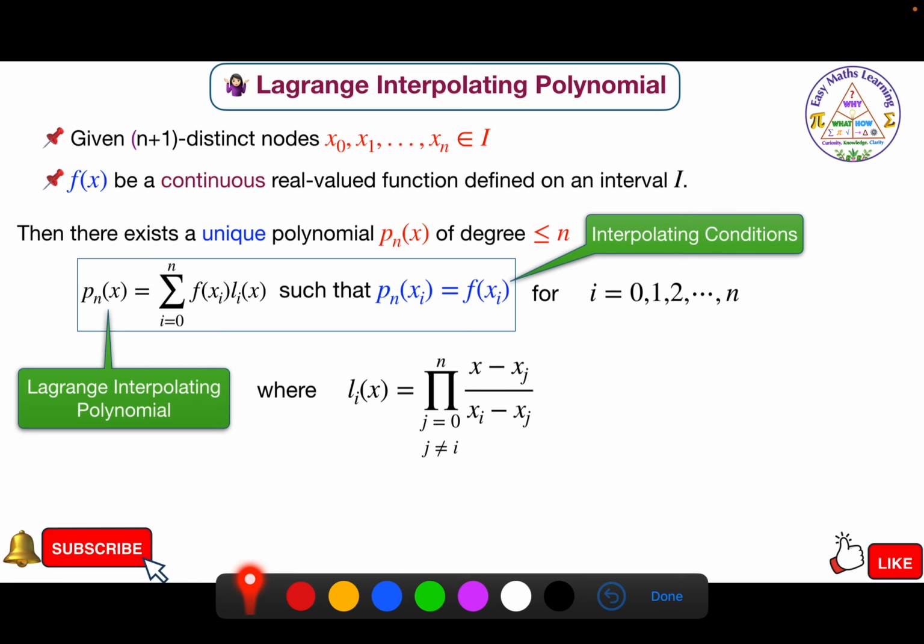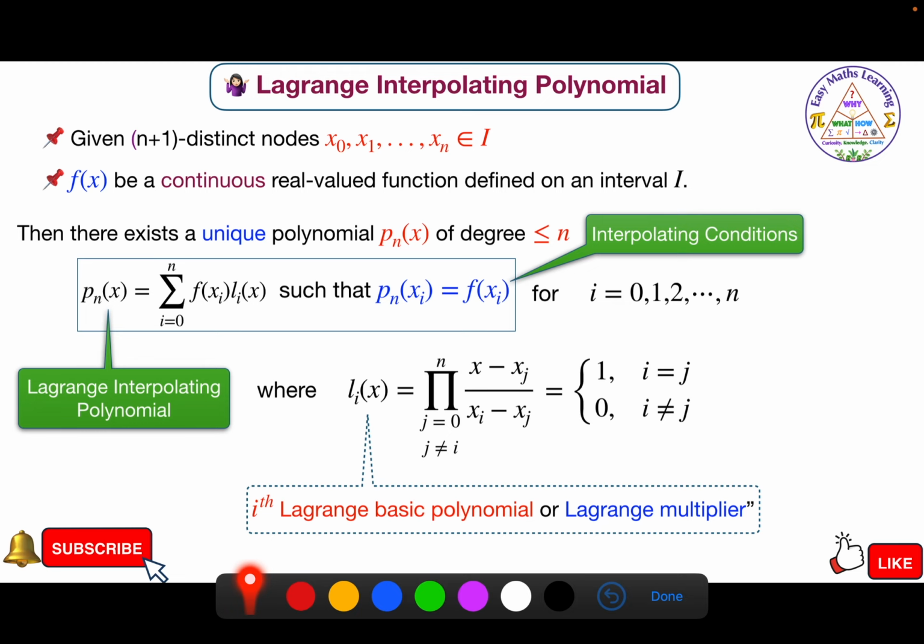Clearly, Li(xj) becomes 1 when i equals j, and it is 0 when i is not equal to j. So due to this property, this summation formula of Pn(x) satisfies the interpolating conditions. It is due to this property only. So here Li(x) is called the ith Lagrange basic polynomial or Lagrange multiplier.